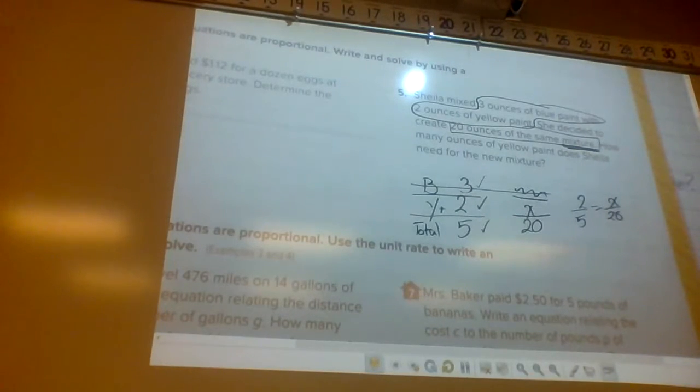Okay. Can you guys solve it? Right. Do you have to divide? Any point in any problem we've ever solved where you divide.